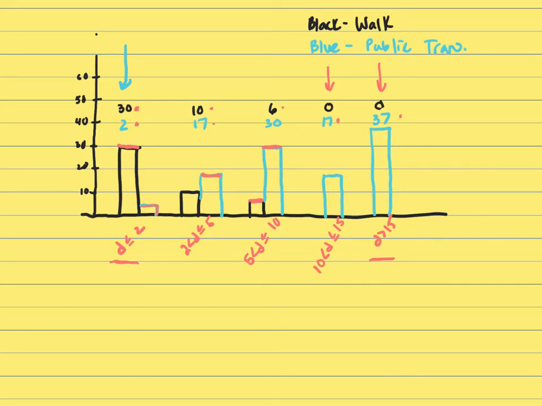Walking. So that's going to be black. That's 30 plus 10 plus 6, and that's 46.